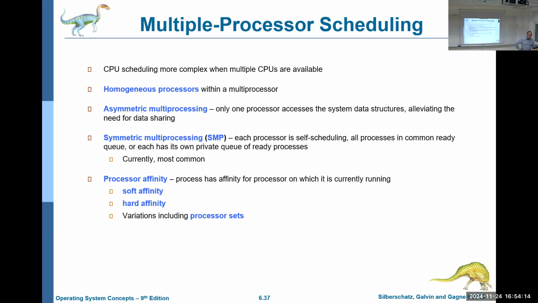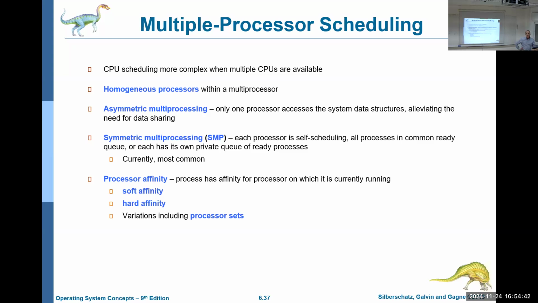No. In the second example, there's a separate queue for each processor, but both queues are equal in terms of they do the same things. Yes, they do the same thing, exactly. It's homogeneous. Currently, that's the most common, either of those two, symmetric of one type or another.